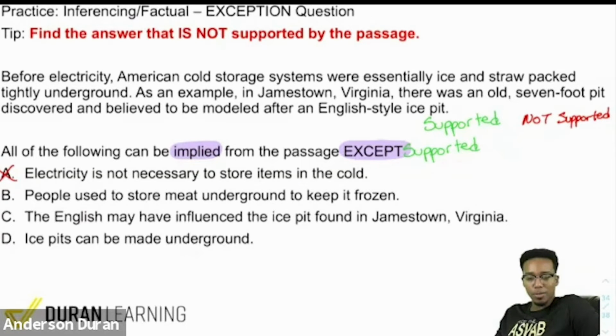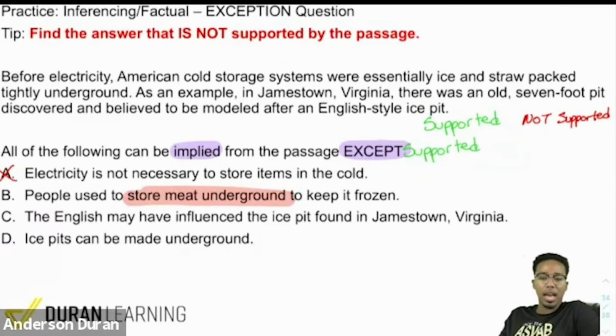So what do you mean nothing supports that? All right, so here's the thing. There's 2 flaws with this answer choice. There's 2 flaws here. When we take a look here, where in the passage is storing meat underground? Where was that implied?